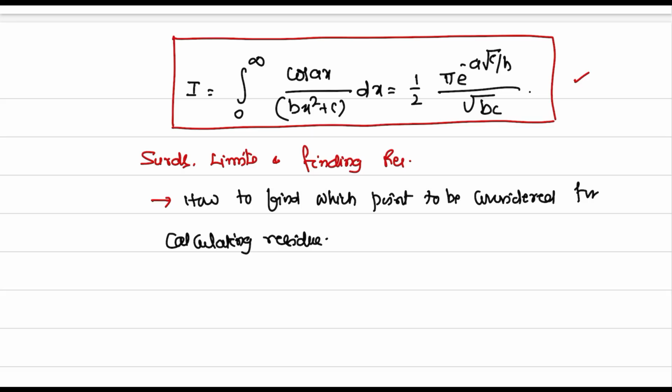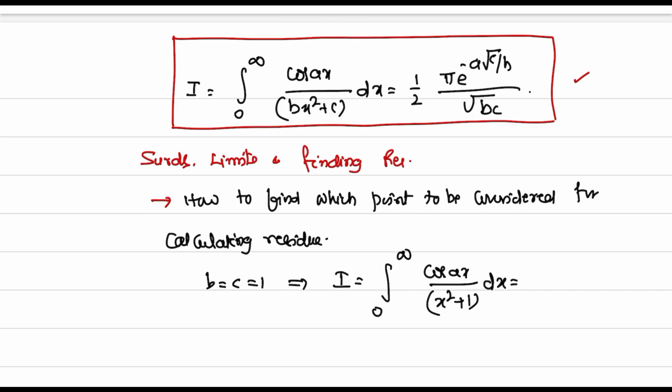Now, as a limiting case, let us say b is equal to c is equal to 1. What happens? This becomes I is equal to the integral from 0 to infinity of cos ax by (x square plus 1). This appears in many examinations.